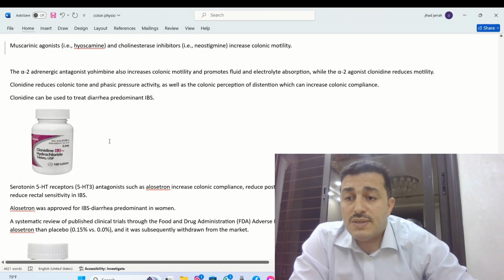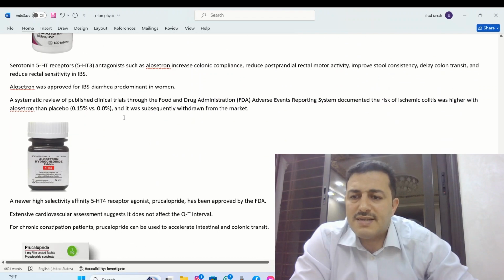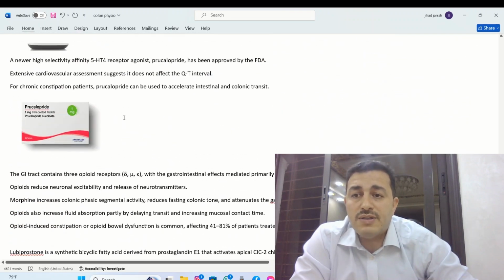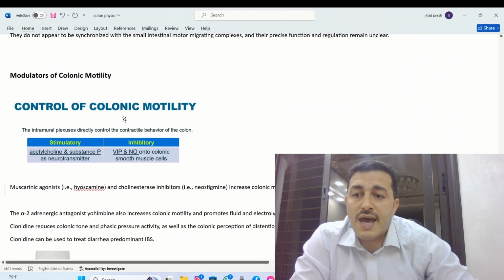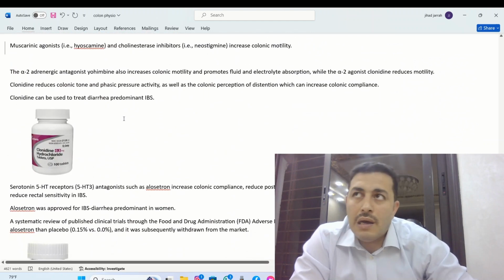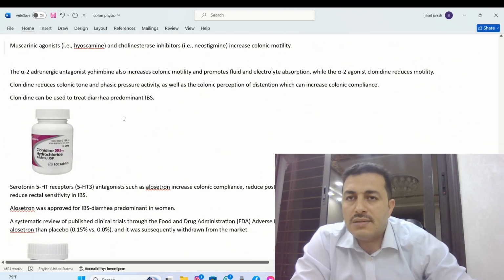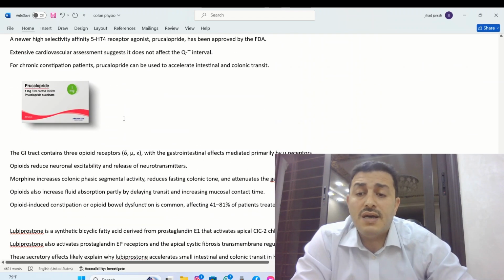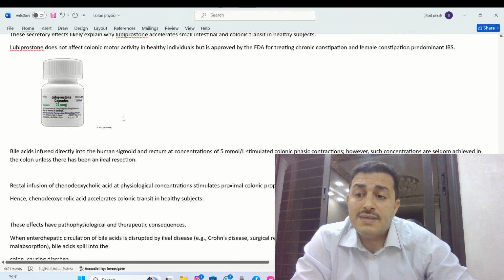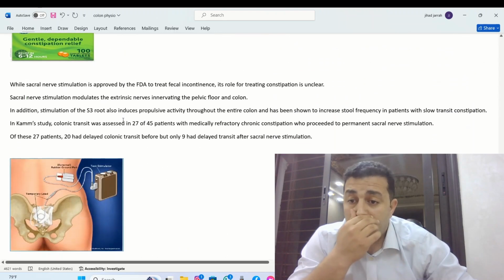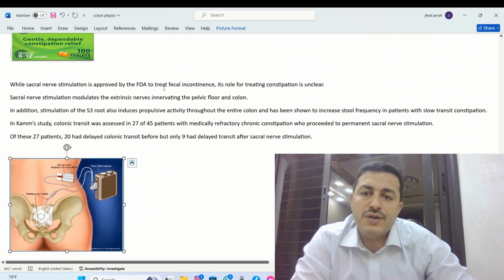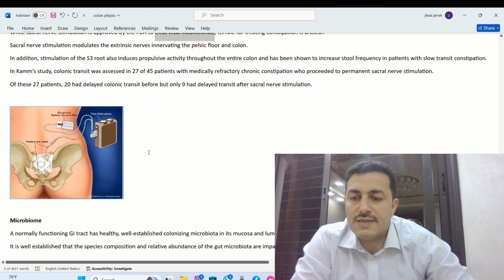As you see, we previously discussed these agents, especially when we talked about inflammatory bowel disease. These can treat constipation-dominant or diarrhea-predominant irritable bowel syndrome. And here we have sacral stimulation, which is proven for the treatment of fecal incontinence.